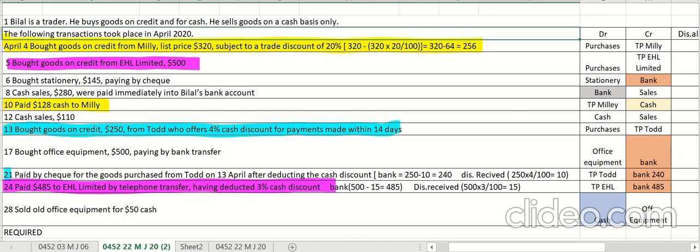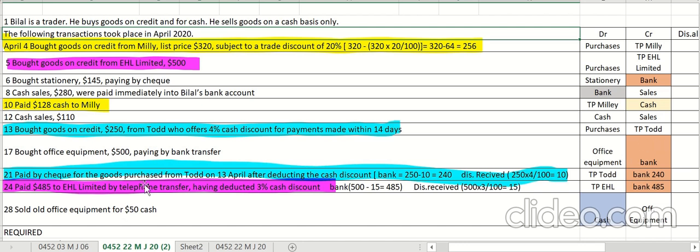Yes, we can see on 21st. So are we making the payment within 14 days? We do. Bought office equipment 500, paying by bank transfer. Office equipment debit, bank credit.